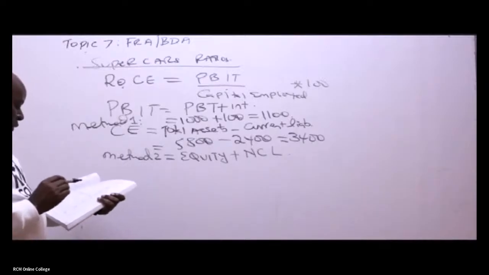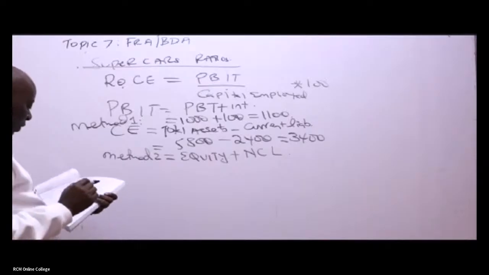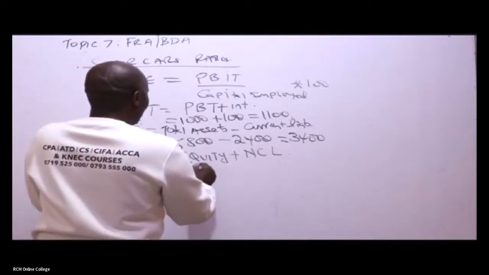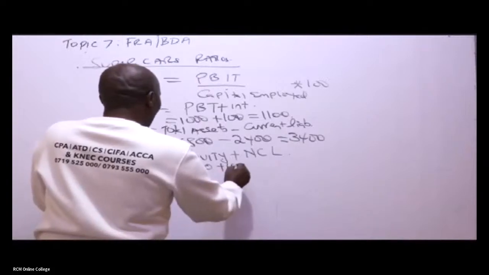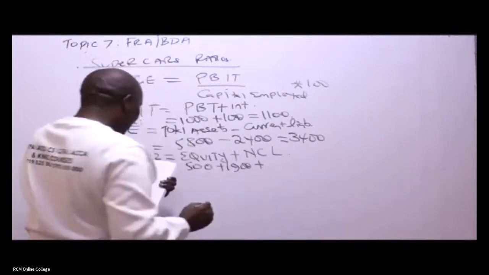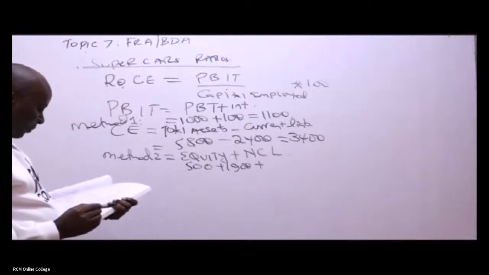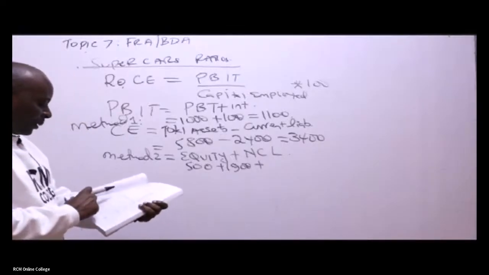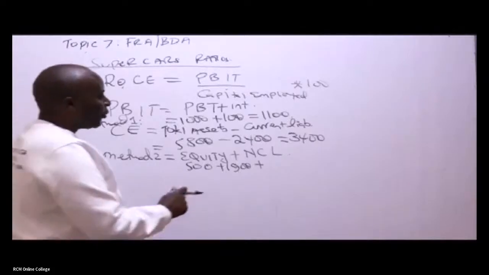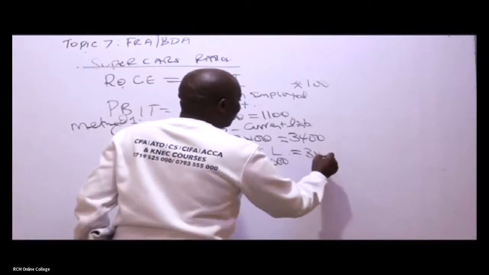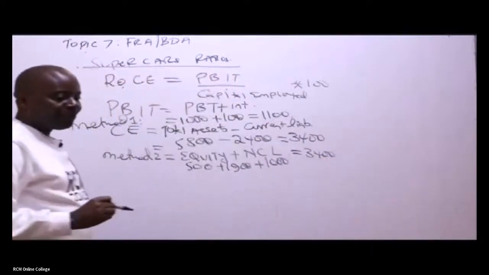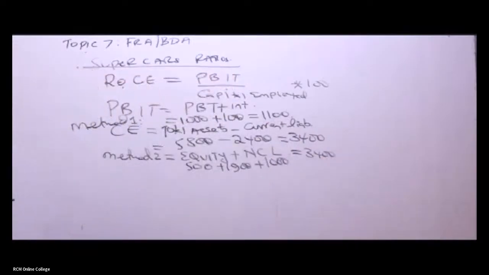We have ordinary share capital 500, and retained earnings 1,900. Then you go to the non-current liabilities, where you see 8% debentures of 1,000. Are you able to confirm that this will give us 3,400? Yeah. Thank you, Felicitas.